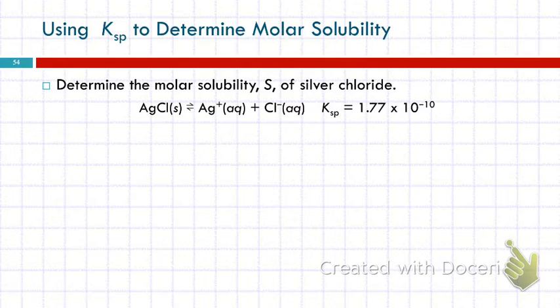Okay with that? So S is how many moles of this per liter dissolve. This is a 1-to-1 ratio. When one of these dissolves, I get one of those and one of those. And so I can say that at equilibrium, the concentration of silver is equal to S, and the concentration of chloride is equal to S.